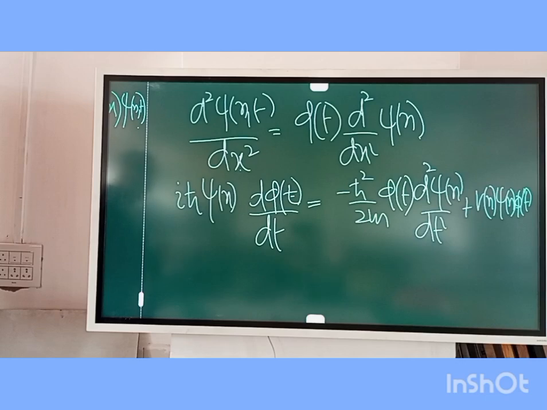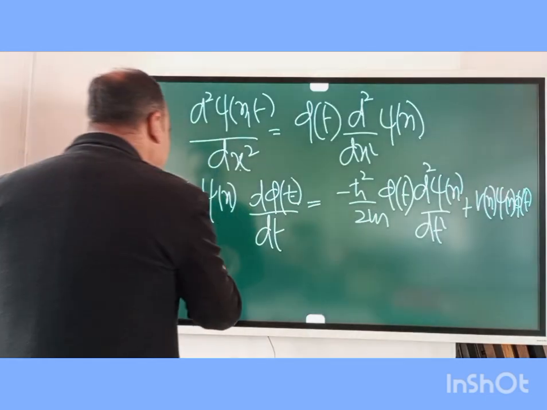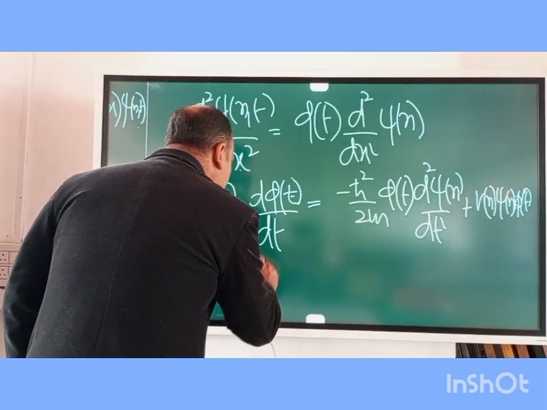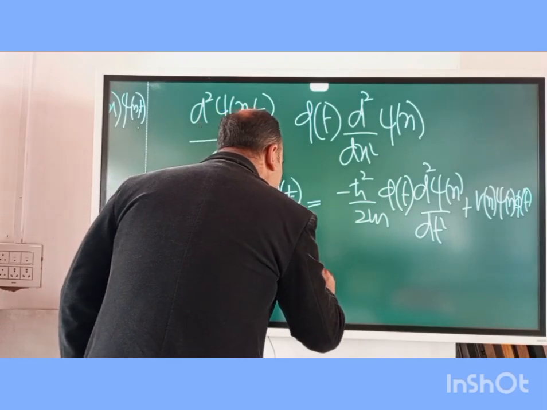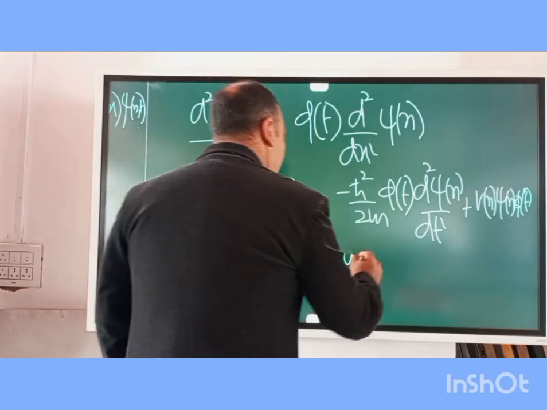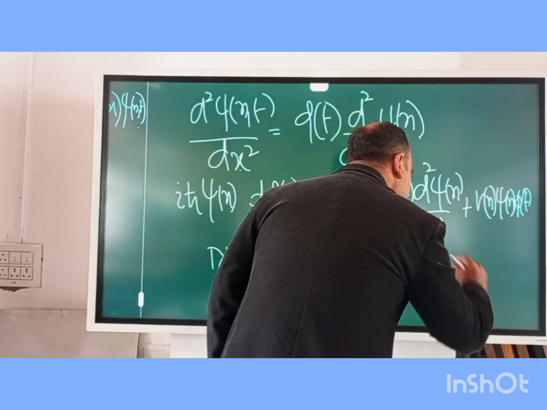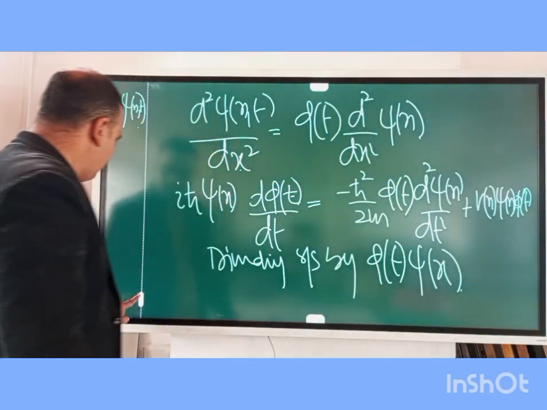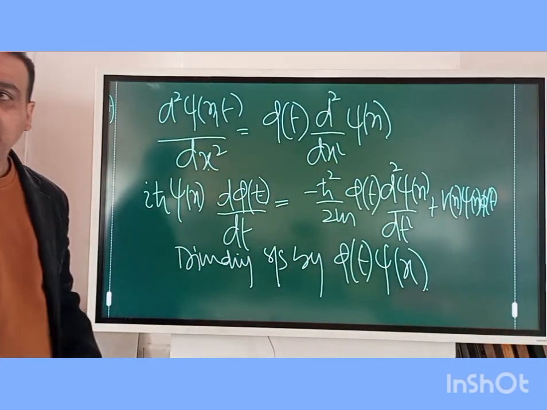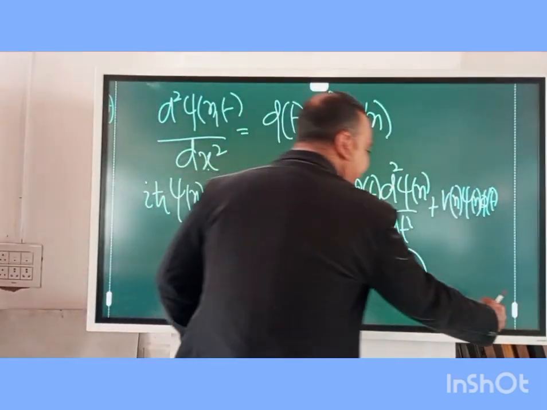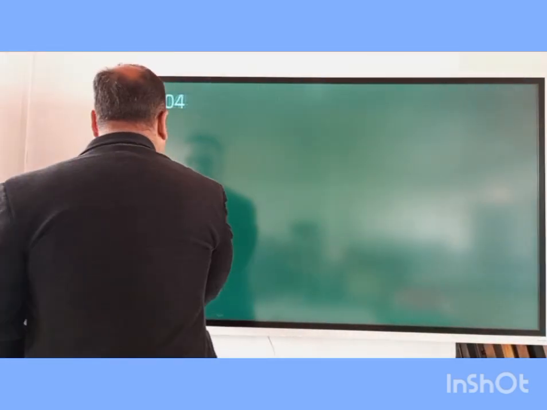Now what I can do is divide both sides by phi of t and psi of x. Clear? When you divide, what will you get?